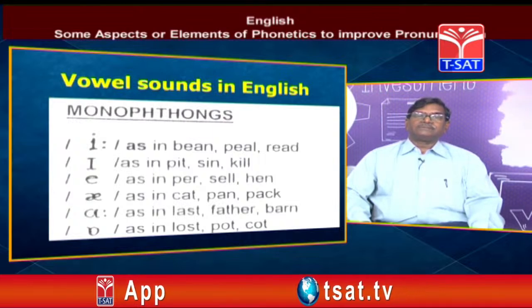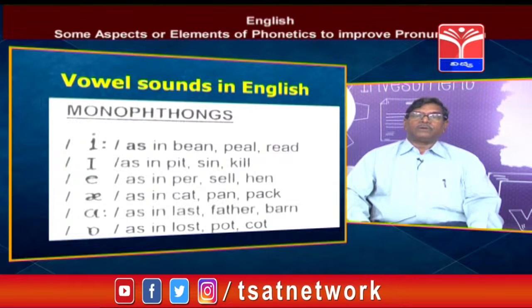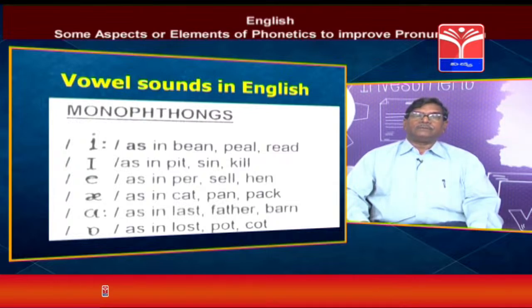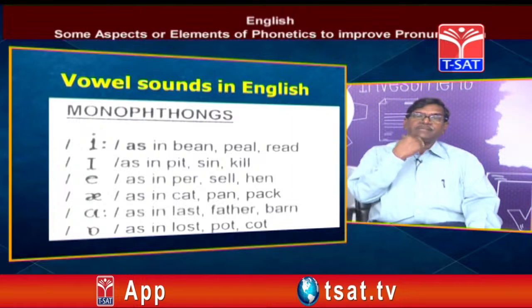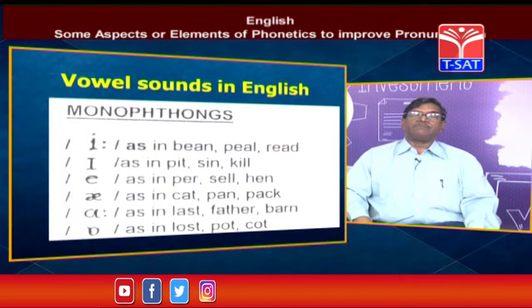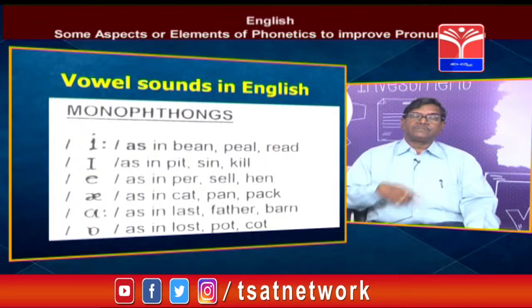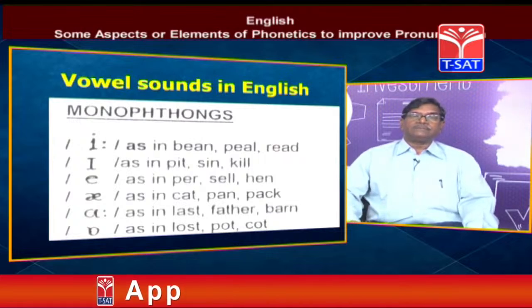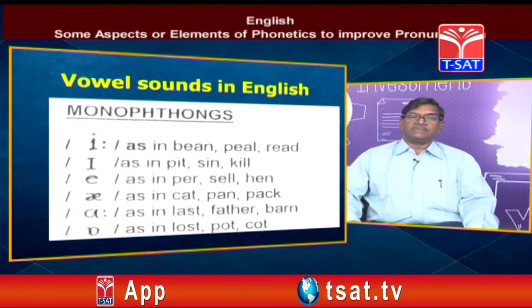Next symbol is for the sound O, as in lost, pot, caught. When you say the Indian O, our lips get rounded. Without lip rounding, you utter the same sound. That is short O. This is a variant of O we have in our Indian languages.